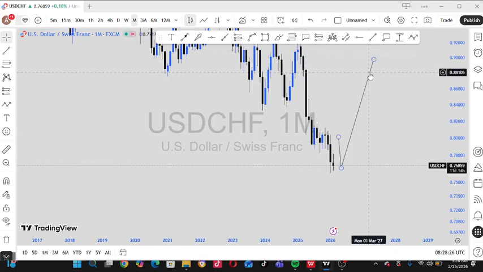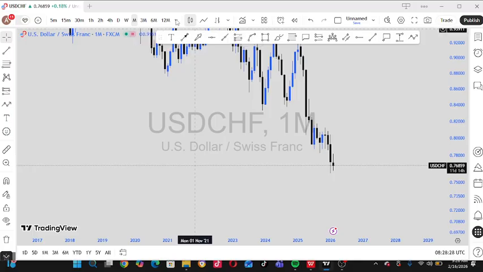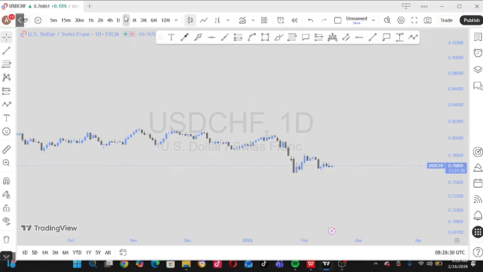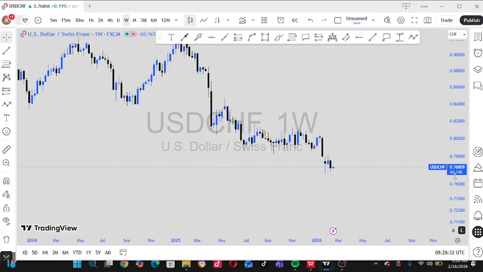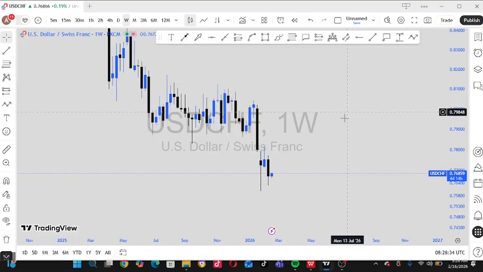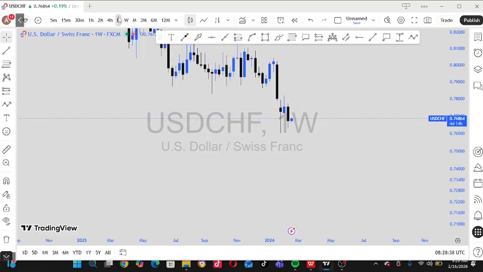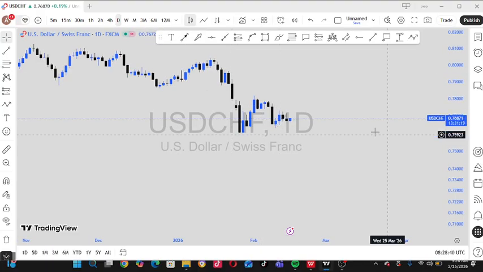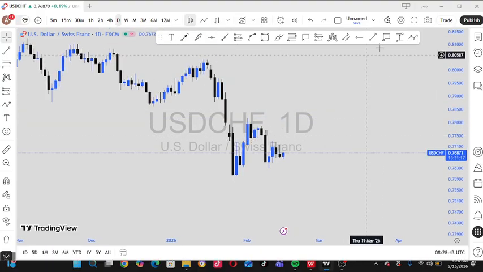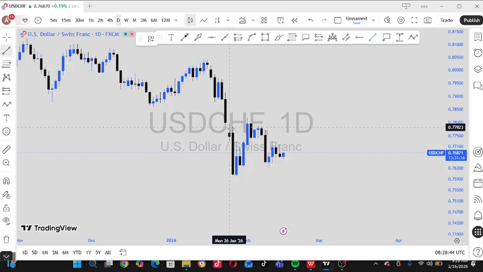So this is actually what we have. But let's mark out our zones, the draw on liquidity and the likes. On this we have this. Okay, let's go to daily time frame so for us to see what. Okay, now market gives us break of structure here.